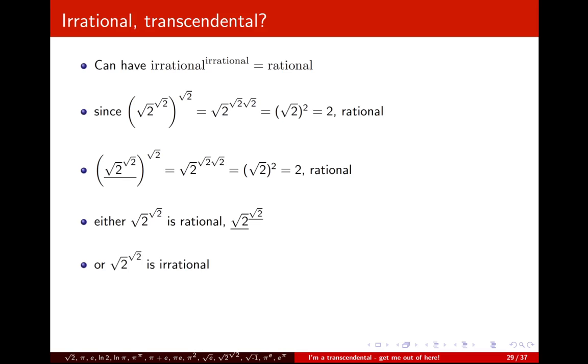But if it's not rational, then it could be irrational. Okay, if the square root of 2 raised to the square root of 2 is irrational, then we have it raised to the square root of 2 by simplification being a rational number. So you don't actually need to know whether the square root of 2 raised to the square root of 2 is rational or irrational.